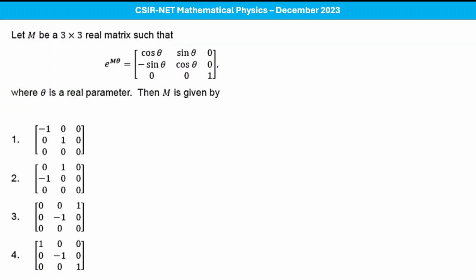Let M be a 3 cross 3 real matrix such that e raised to power M theta is given like this, where theta is a real parameter, then matrix M is given by.